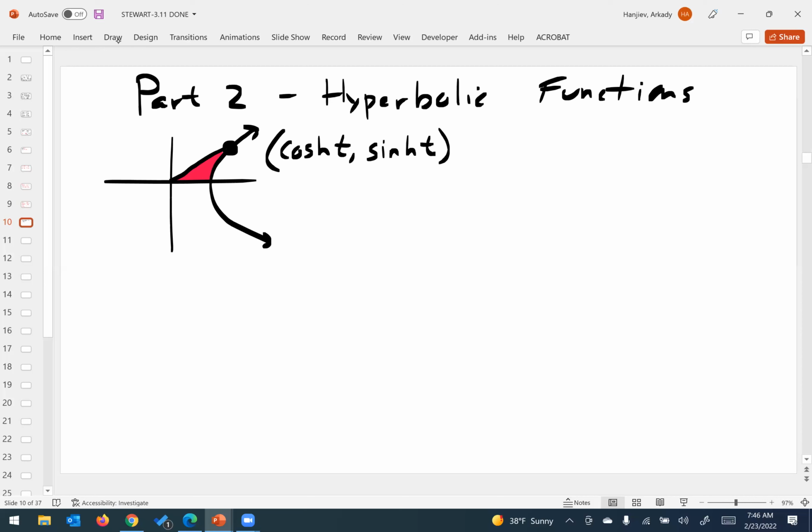So we have that on our hands. Whenever you learn something, obviously we're creating synapses in our brains, and sometimes we have to hear it again in order to put it into our brain. So the question is this. This is our definition of hyperbolic cosine, hyperbolic sine. That's great. Except now we want to go backwards. And so just like we did in trigonometry, we say to ourselves, okay, hold on.